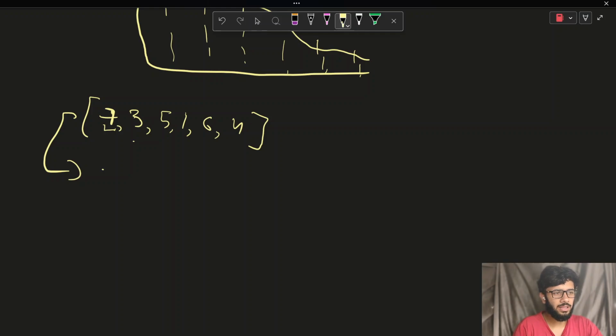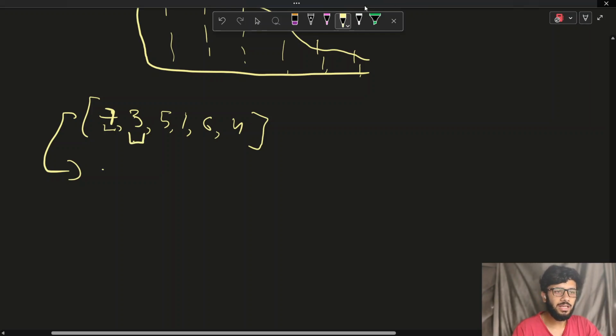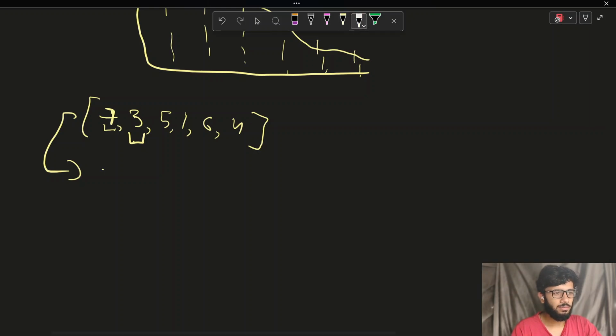We can iterate in the array and find the minimum value and then the maximum value, and then subtract them and find the maximum difference. But it is not about the maximum difference. We can't go into the past and then buy or sell. So that's what we have to keep in mind. If we are buying the stock on day two, it means we can't sell it on day one. So we need to go further.